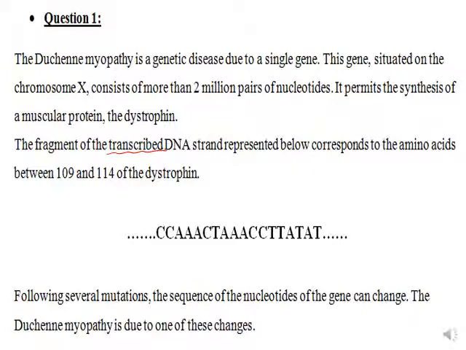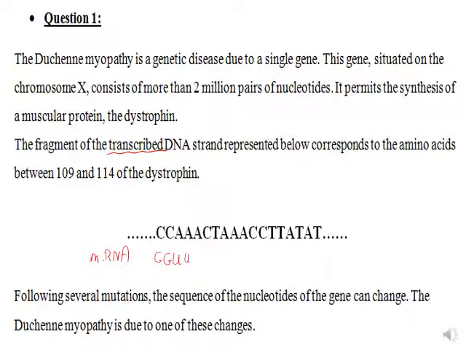Okay, so this sequence is the transcribed. So the mRNA is obtained by obtaining the complementary strand. So you have to make it complementary. So C, the complementary is G. C, the complementary is G. A, the complementary is T. But in the mRNA, we don't have T. We have to put U. So it becomes GGU.